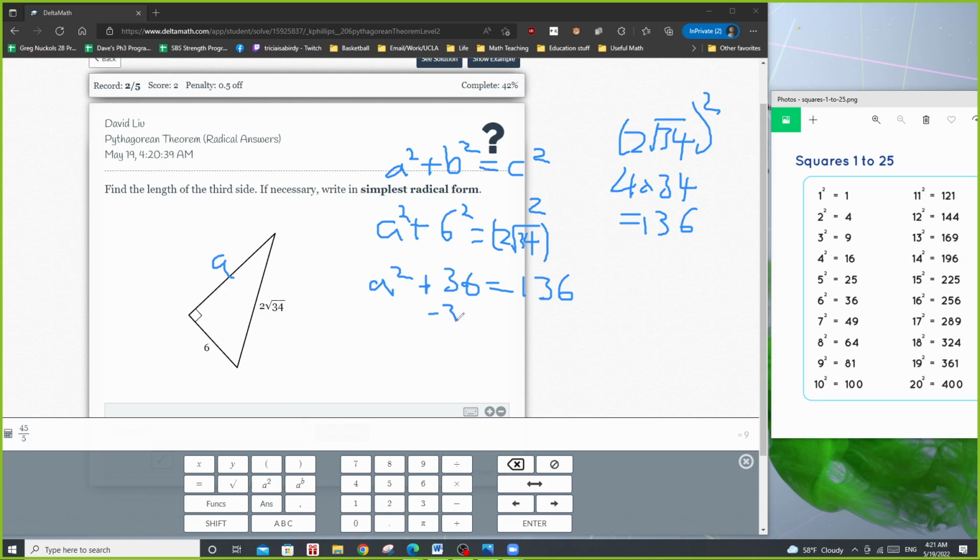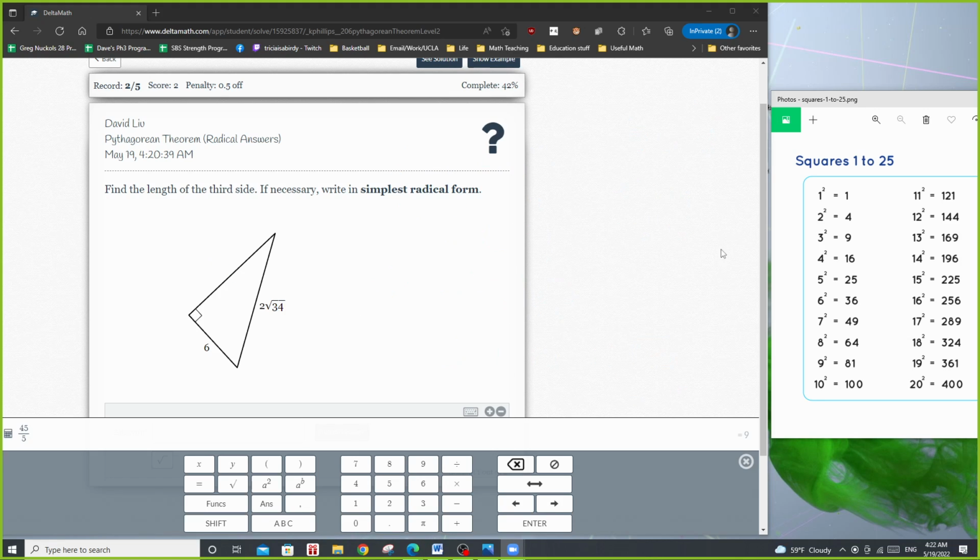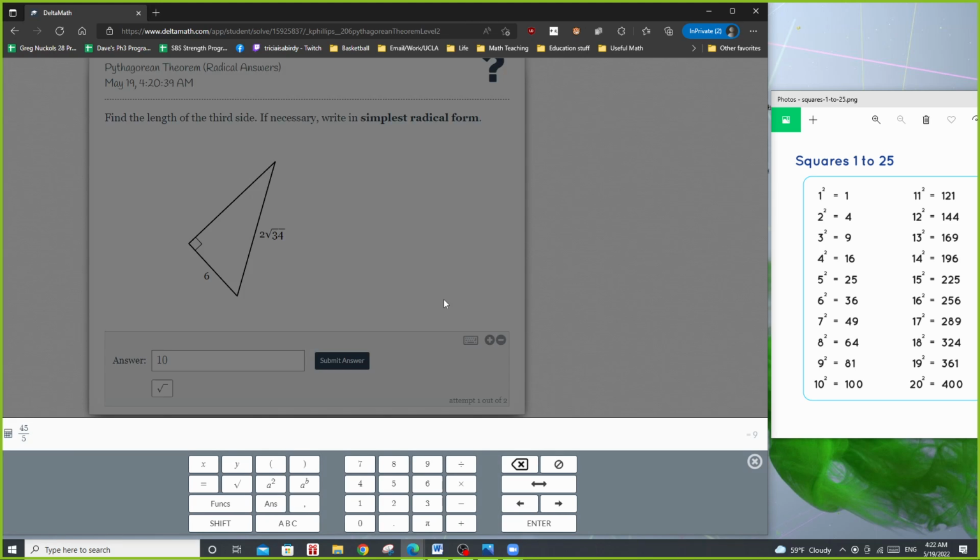Okay, and then I subtract 36. I get A squared equals 100. So A equals square root of 100, which once again gives me 10. Okay, so the main part for this problem is knowing how to do this, where 2 times 2 is 4 times 34 gives me 136, okay? So this answer is 10.